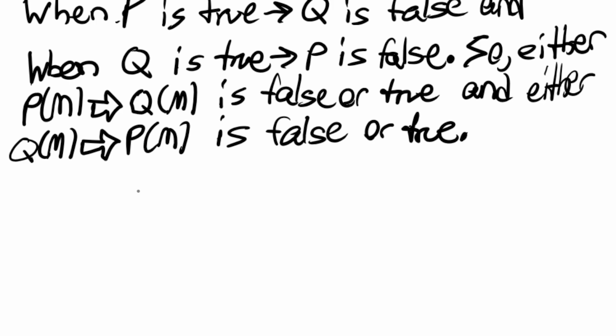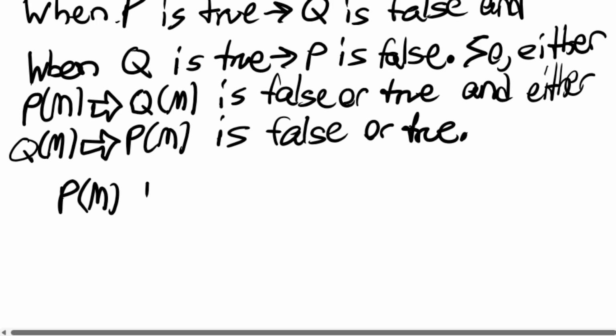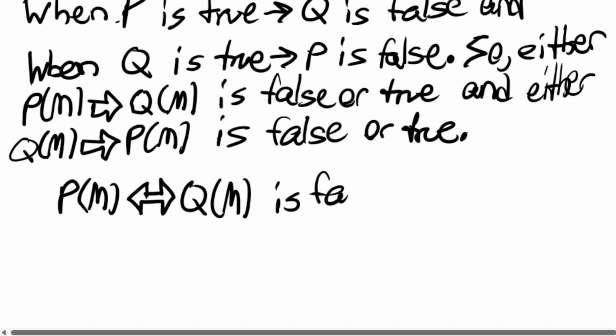So therefore, just like we showed in the truth table a minute ago, the biconditional of P of M and Q of M is false.